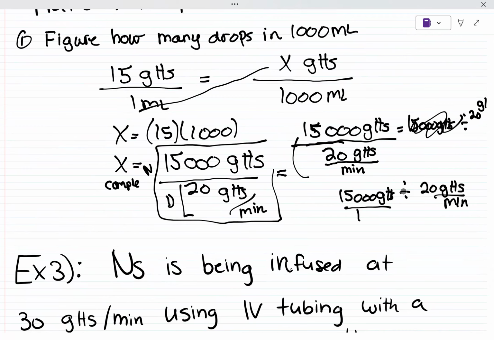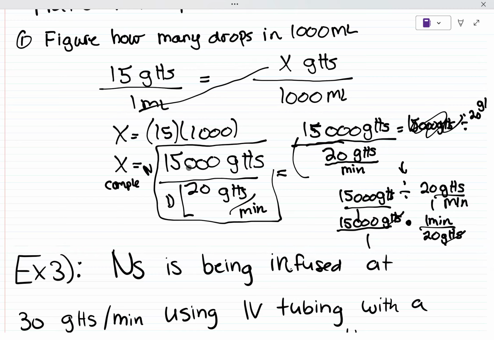And what you remember when you're dividing fractions is you can do two things. You can cross multiply or you can change this divide sign into a multiplication. But if you do that, you're going to have to flip the 20 drops per 1 minute. So this is flipped, so it would be 1 minute on the top and 20 drops on the bottom. And on the top, it's going to be 15,000 drops. Now, this is why the drops per minute disappears, and then you're left with minutes.